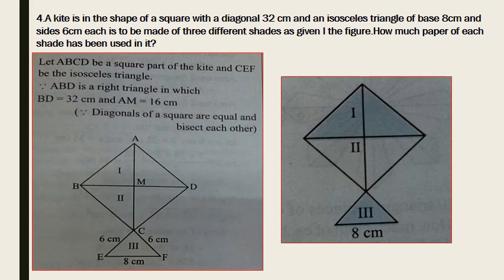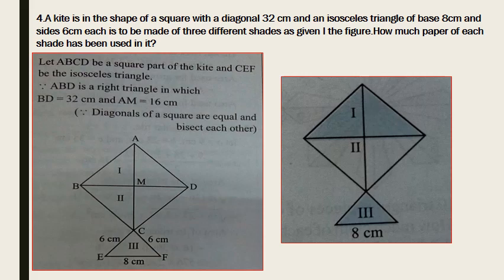So let ABCD be the square part of the kite and CEF be the isosceles triangle. We mark the points A, B, C, D for the square and C, E, F for the triangle.